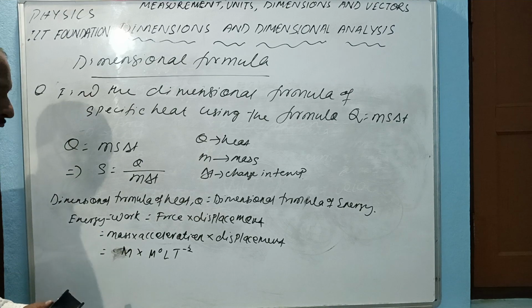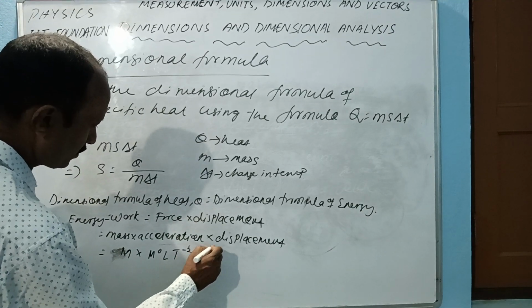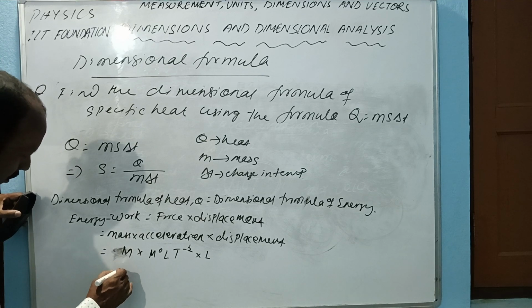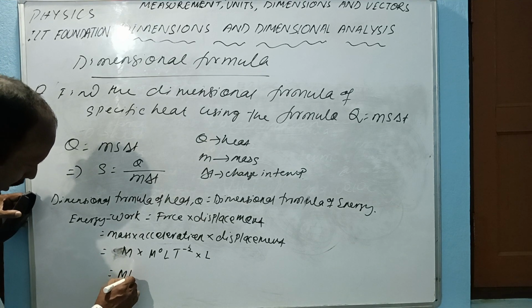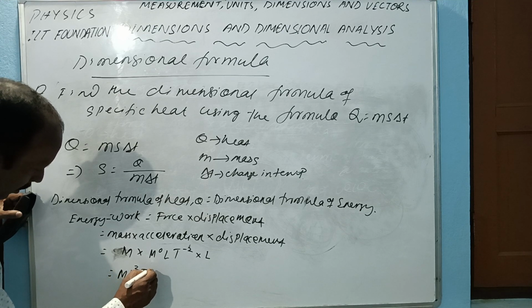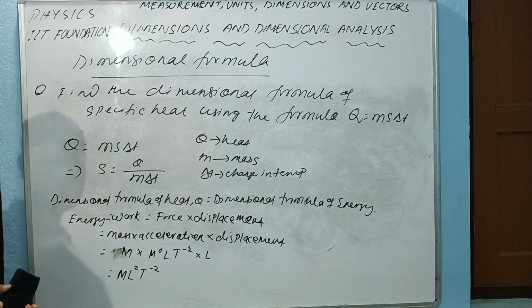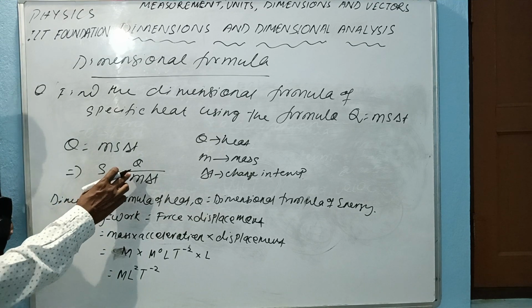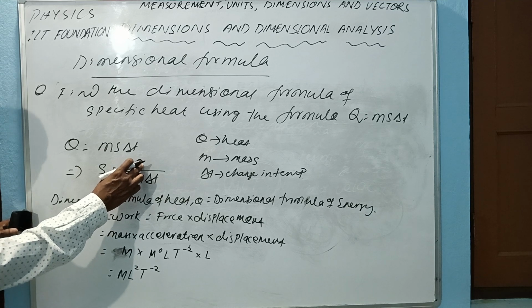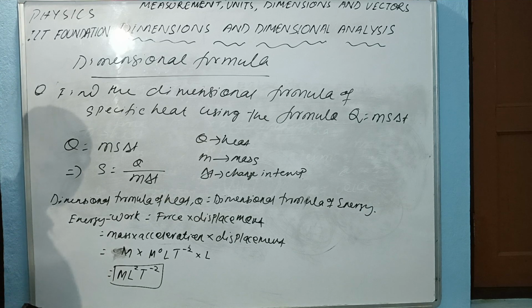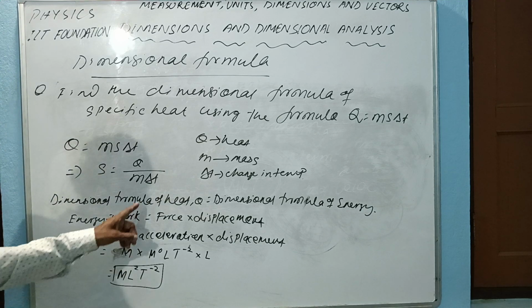For mass I have written m, and for displacement I am writing L. That means this is m L to the power 2 t to the power minus 2. This is the dimensional formula for energy. Okay, that means dimensional formula for Q I got m L to the power 2 t to the power minus 2.